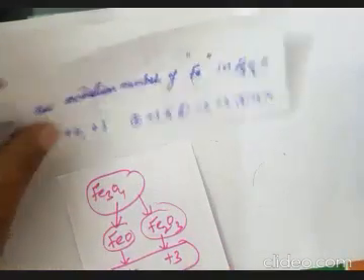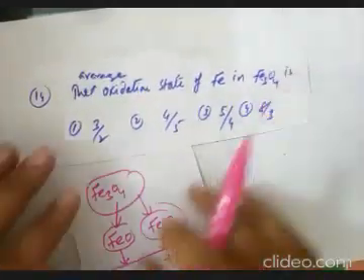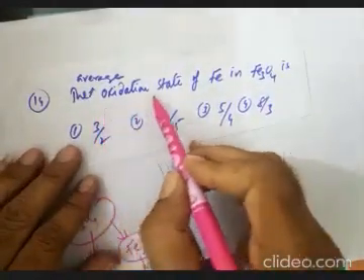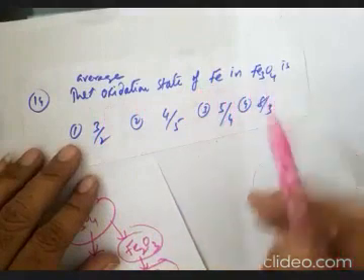And immediately the same question, I created in a different way. What is the average oxidation state of iron in Fe3O4?